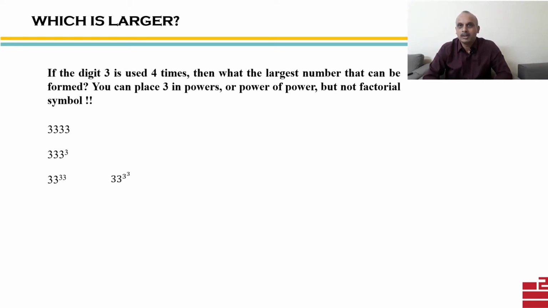Now we can also have situations where the base is having a single 3. So what do we get? 3 to the power 333, or there are many more possibilities like these. So we have 3 to the power 33 cube, or we have 3 to the power 3 to the power 33, or 3 to the power 3 to the power 3 to the power 3.